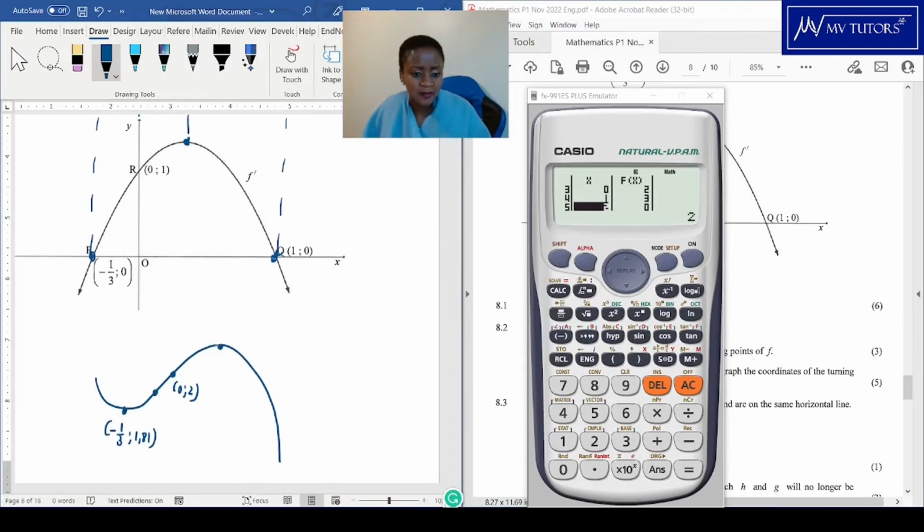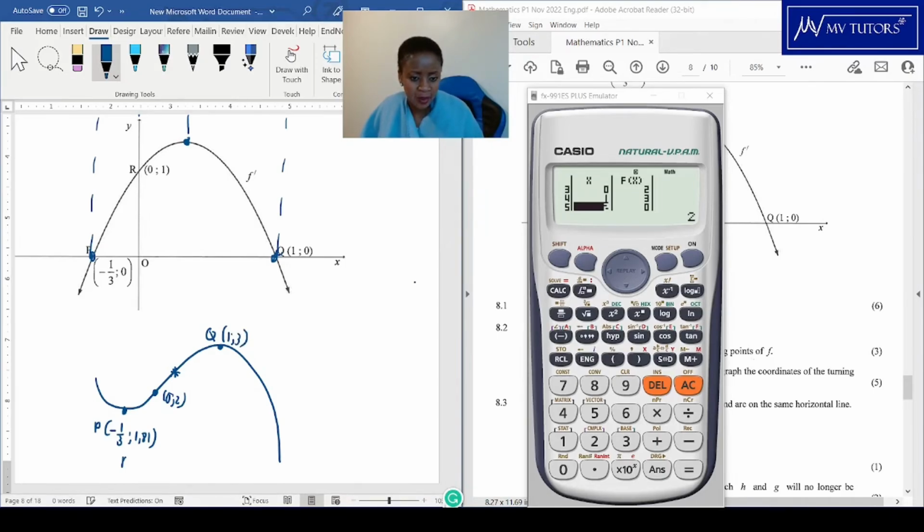Our y-intercept is 0, 2. Okay, the point of inflection is somewhere here. They didn't ask for it. And then, yeah, this is P, that is Q, and Q is 1 and 3.